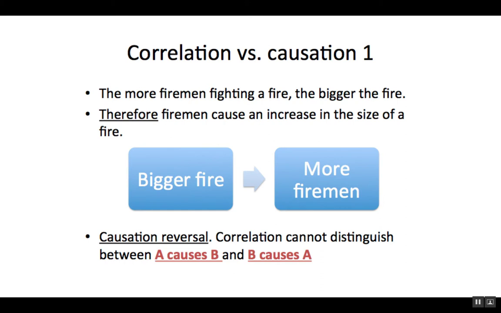So the causation here is reversed, right? If we conclude that the more firemen you have, the bigger the fire, then firemen are really causing fires, and the best thing to do is not to send any firemen. So that is obviously an incorrect direction.